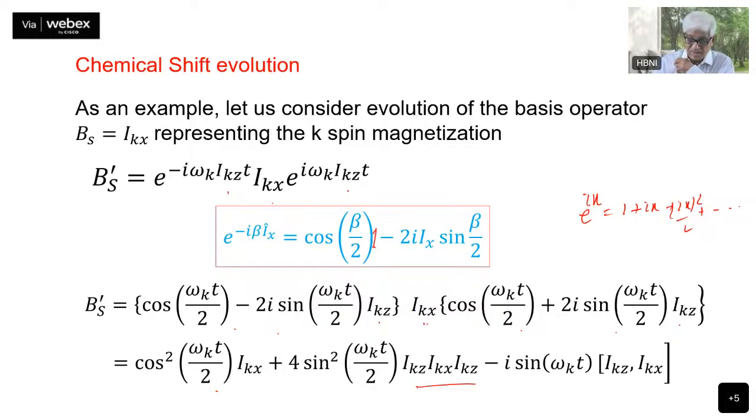Okay, and this one cosine omega k t to this one, and 2 multiply kx kz. And together you have this i sine omega k t, because this is 2 sine omega k t by 2 cosine omega k t by 2, and that will be equal to sine omega k t. Therefore, you have sine omega k t and you have the commutator kz, kx. This is basically two terms. Therefore, there will be a total of 4 terms. So the two terms are combined into one here as a commutator.